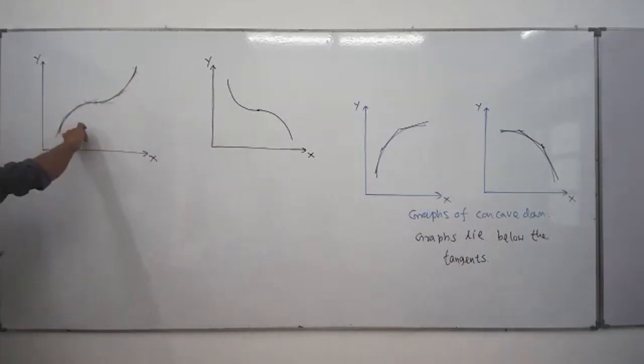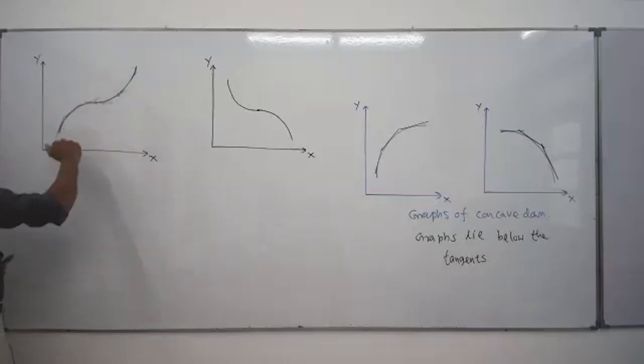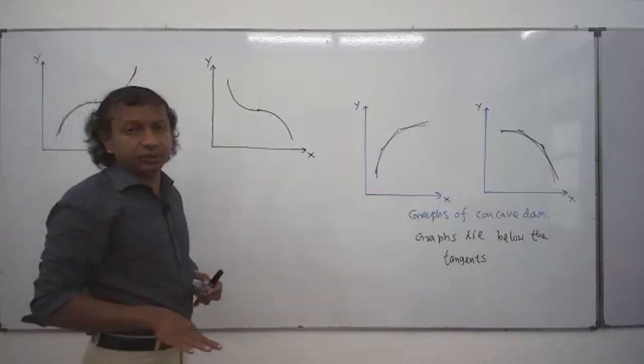From here to here, the graph is concave down. The graph lies below the tangents. After this point, the graph lies above the tangents. From here to here, concave down; after that, concave up. So you can see this is the point where the concavity of the graph changes.